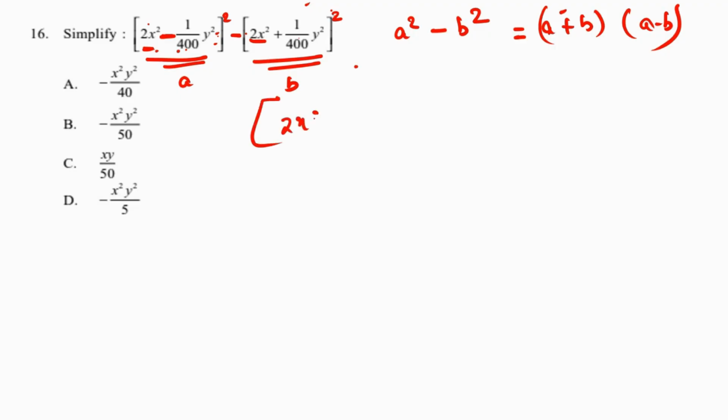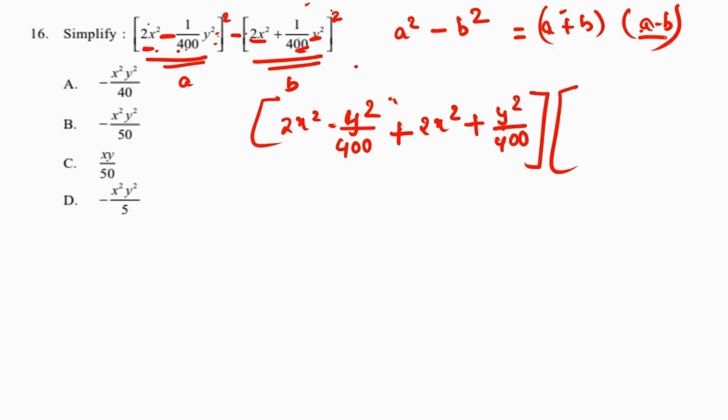A plus b: 2x square minus 1 by 400 y squared, so it's basically y square by 400, plus b, so plus 2x square, plus minus, again a plus over here, y square by 400.